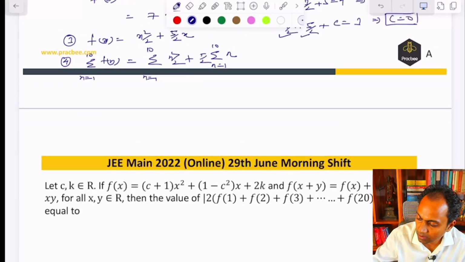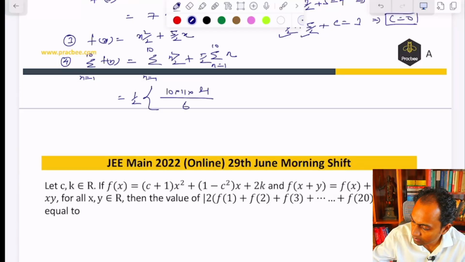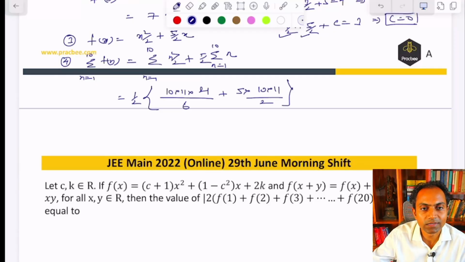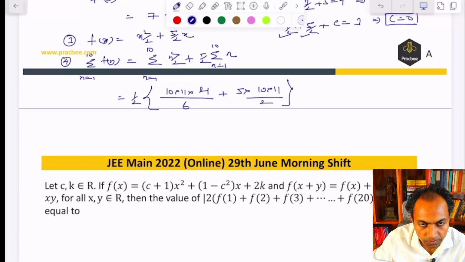So, the answer comes out to be half we can take common, n into n plus 1, so 10 into 11, 2n plus 1, 21 by 6. And this becomes 5 times n into n plus 1 by 2. Now, let us simplify and see whether our answer matches or not.